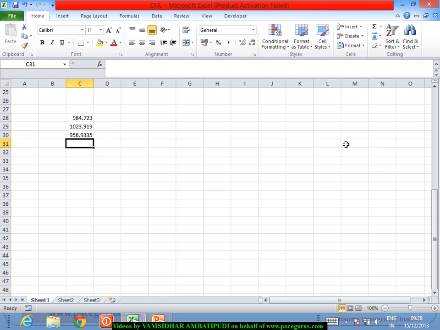The discount is going to be 7% into 30 by 360. This is how the discount basis works. So what is the price of this? The price is 1 minus the total discount, which is around 0.994.